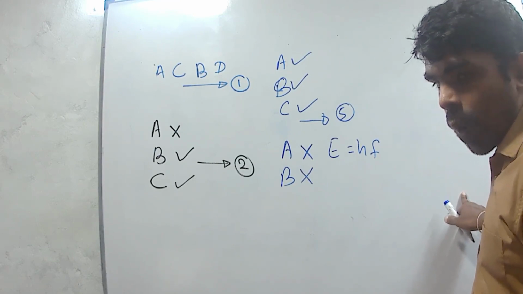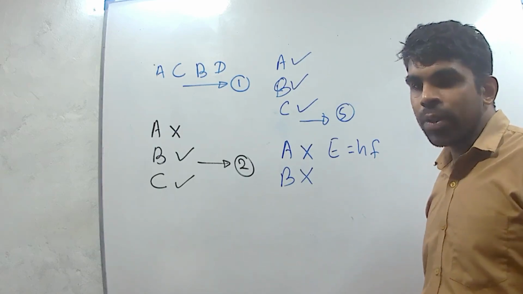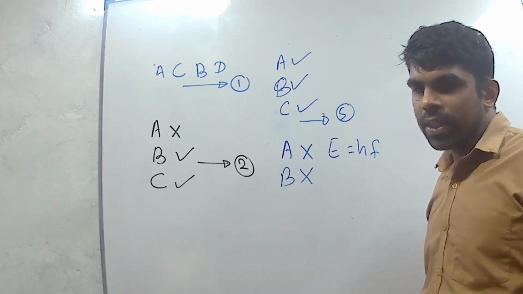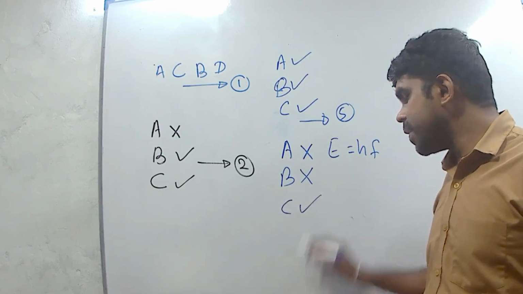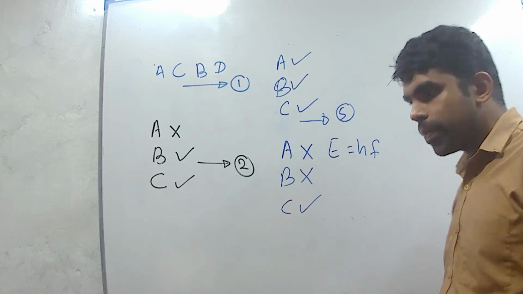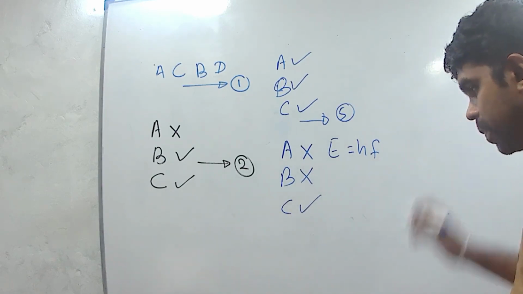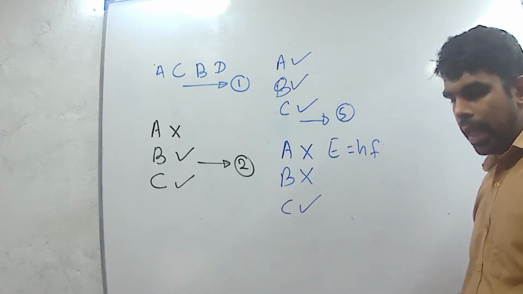Part C. All the photons in a laser beam have the same energy, the same phase and the same direction. Yes, it is correct. That is the reason a laser beam can move without much energy loss.